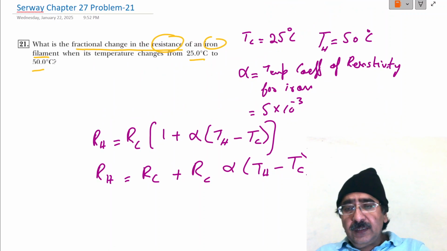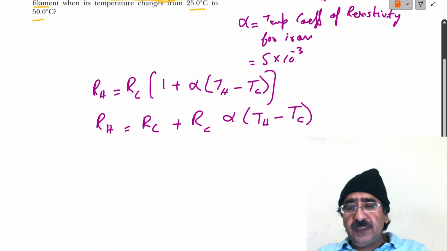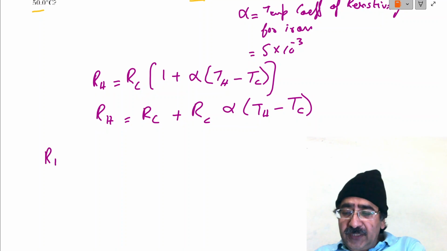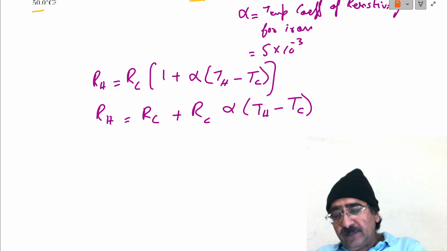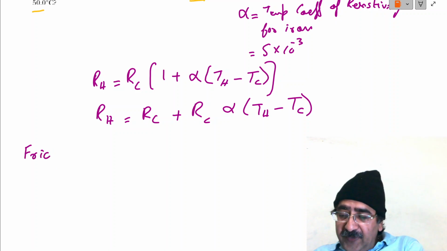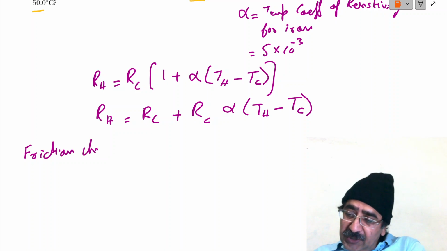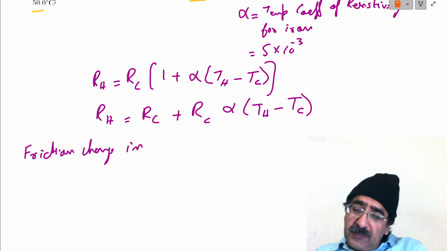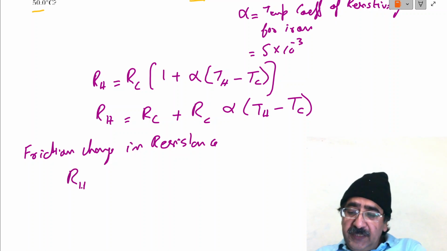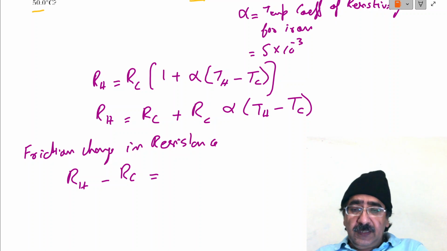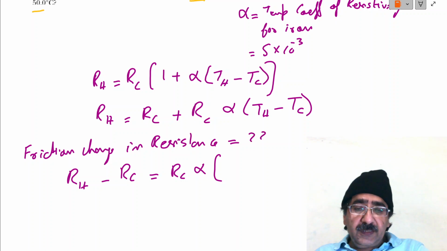We have to calculate the fractional change in resistance, that is R hot minus R cold, divided by R cold, which equals alpha times T hot minus T cold.